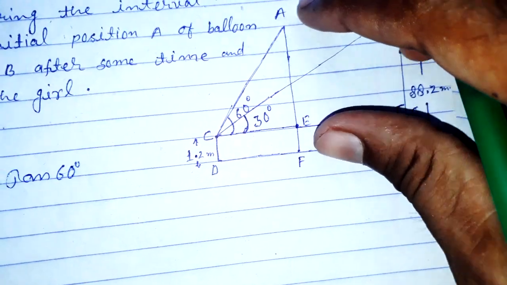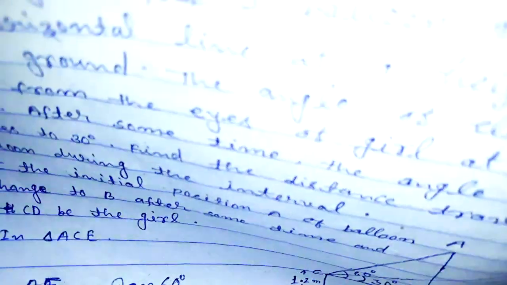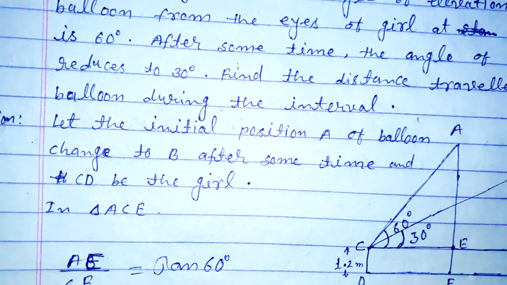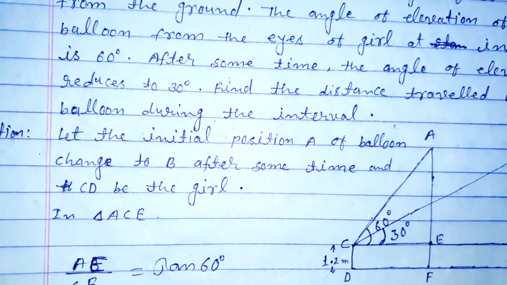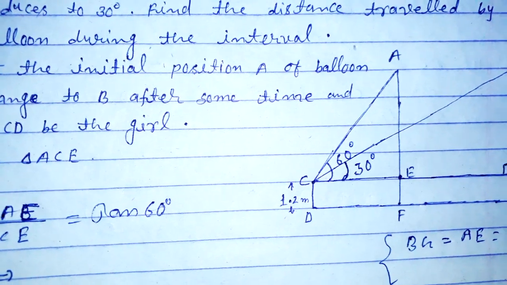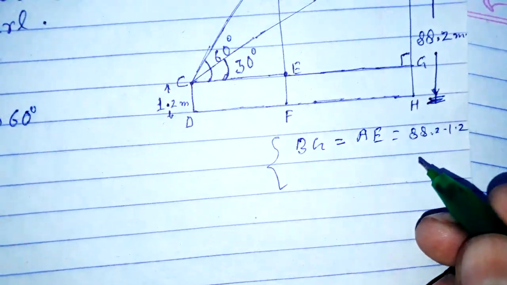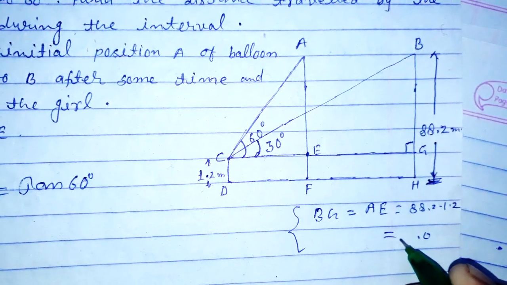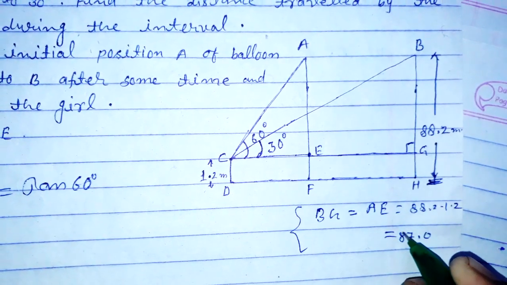So what is the value of this? BG and AE is equal to 88.2 minus 1.2. So the complete value is 87.